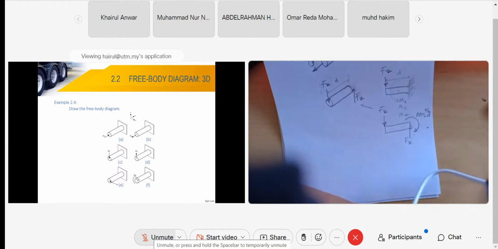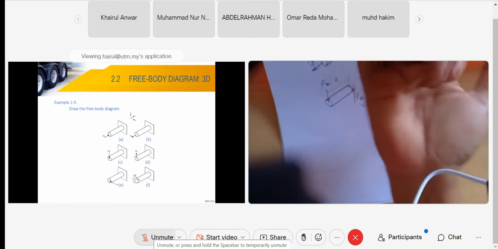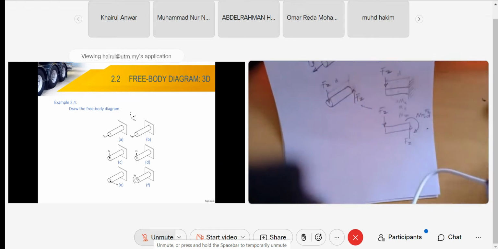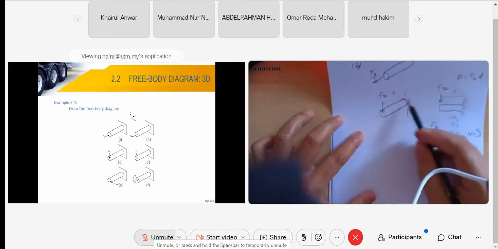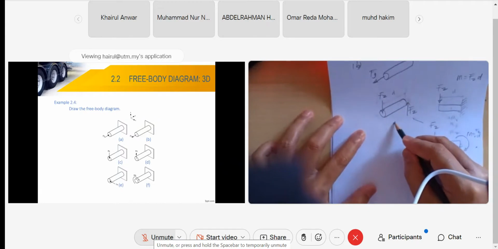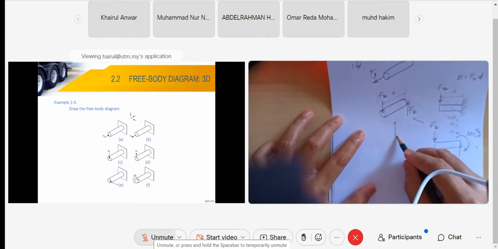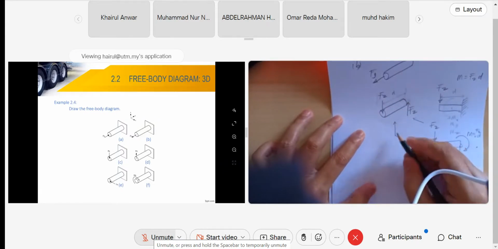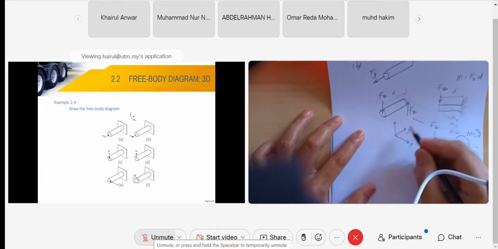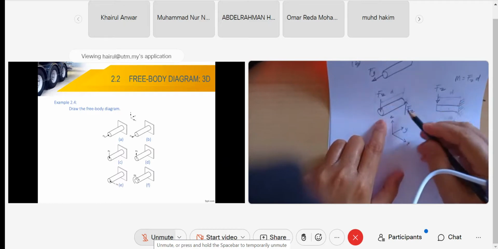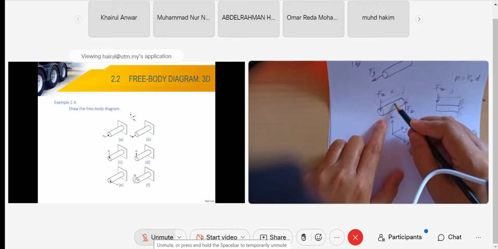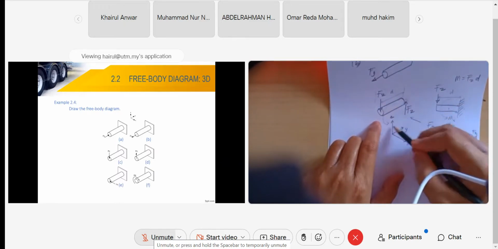Remember that I told you that right hand rule? What is the direction vector of the moment? Is it moment X? Is it moment Y? Or is it moment Z? This is an isometric view. Remember the axis is like this. This is X. This is Y. This is Z. See, your moment at this end produces this direction.